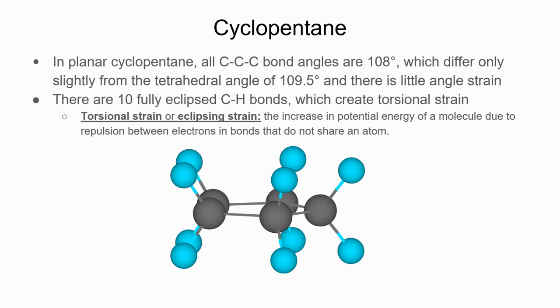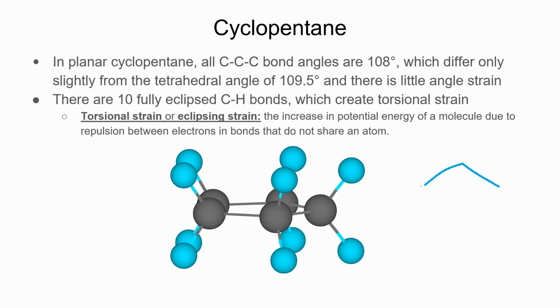So next up we have cyclopentane, and let's look at cyclopentane in a little more detail than we did before. So in planar cyclopentane, the whole thing is going to be planar. So these guys are all bisected by the same plane, and their bond angles are all 108.